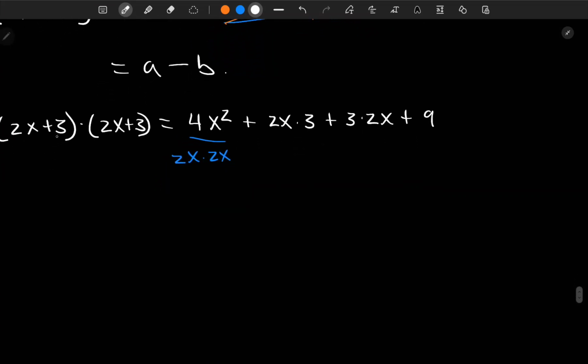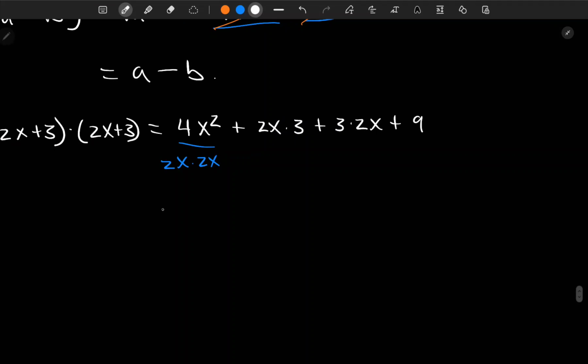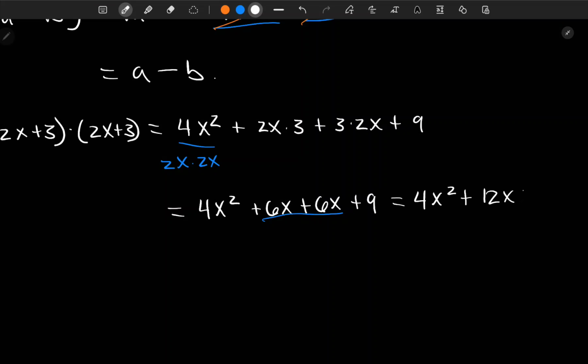And it's 9 because it's 3 times 3. Then this is equal to 4x squared plus 6x plus 6x plus 9. And then the two 6x's here can be combined into 12x. So at the end of the day, this is 4x squared plus 12x plus 9.